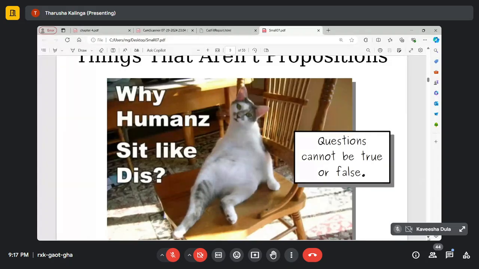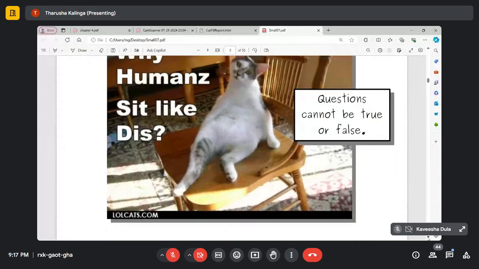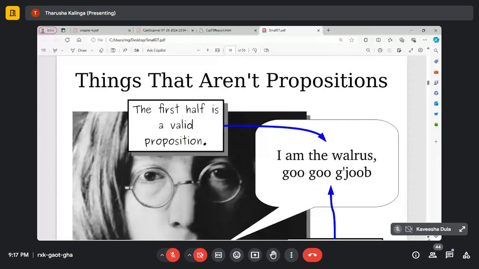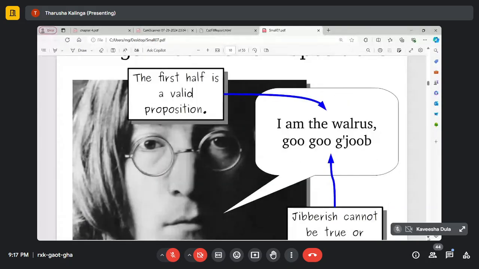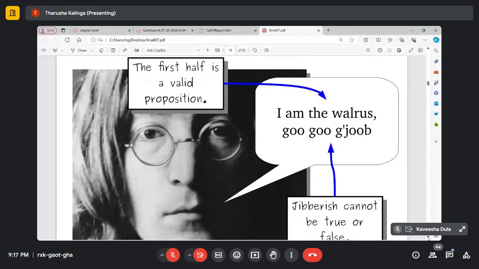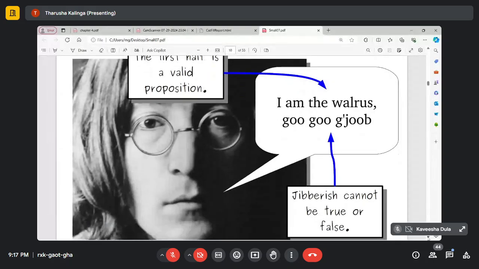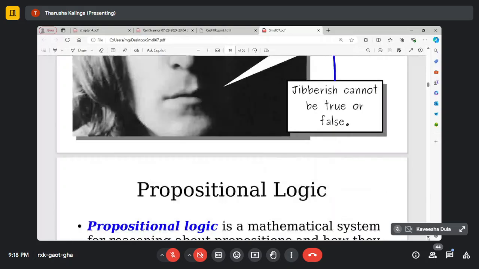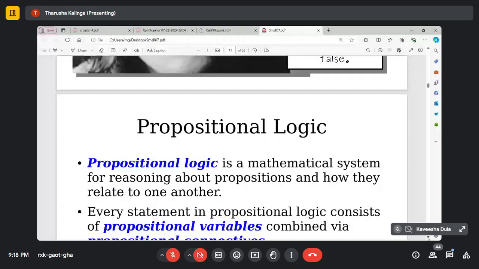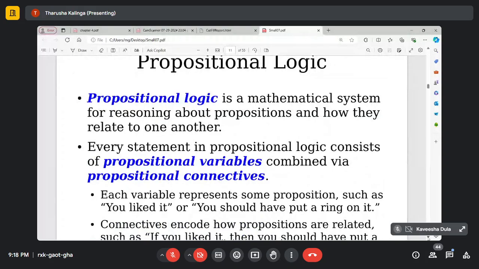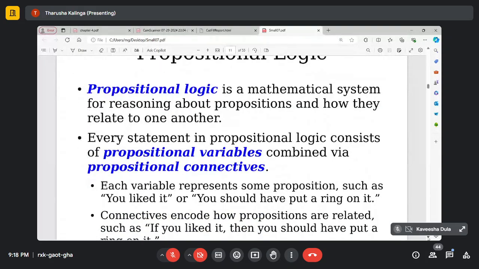That's just a question. There's no true or false value we can assign to that. And next, some nonsense, some gibberish. We cannot find whether it is true or false, so we don't take them as propositions.